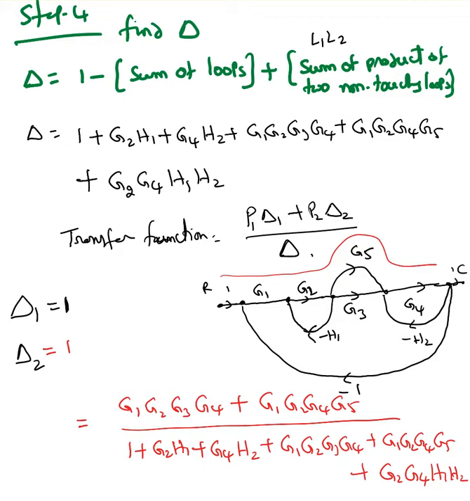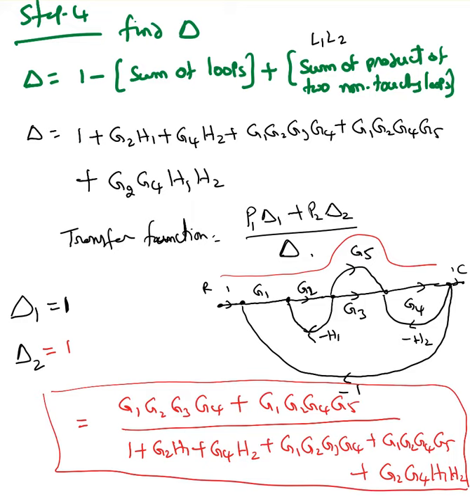This is our final transfer function. I will solve at least 2 or 3 more examples of how to find the transfer function from the flow graph. Thank you.